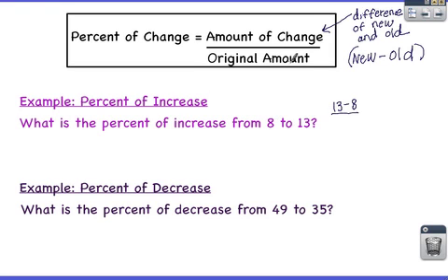And we divide that by the original amount, which is 8. That's 5/8, which equals 0.625, written as a percentage is 62.5%. Now, since this is an increase going from 8 to 13, we can say that there's a 62.5% increase.